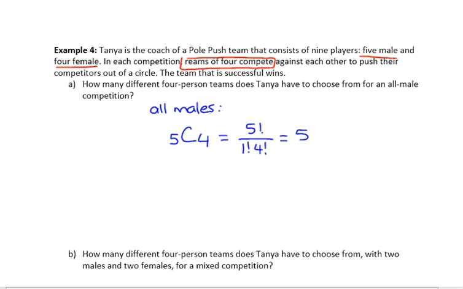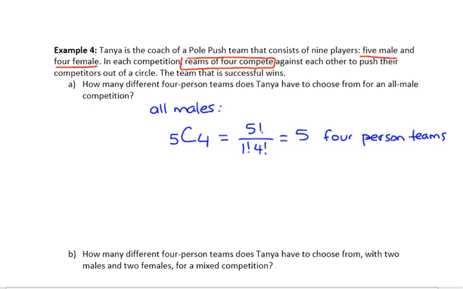If you type that into your calculator, there's 5 possible 4-person teams. Remember, order doesn't matter. If you wanted to check that, you could name them A, B, C, D, E, and write all the different combinations of 4 of them.